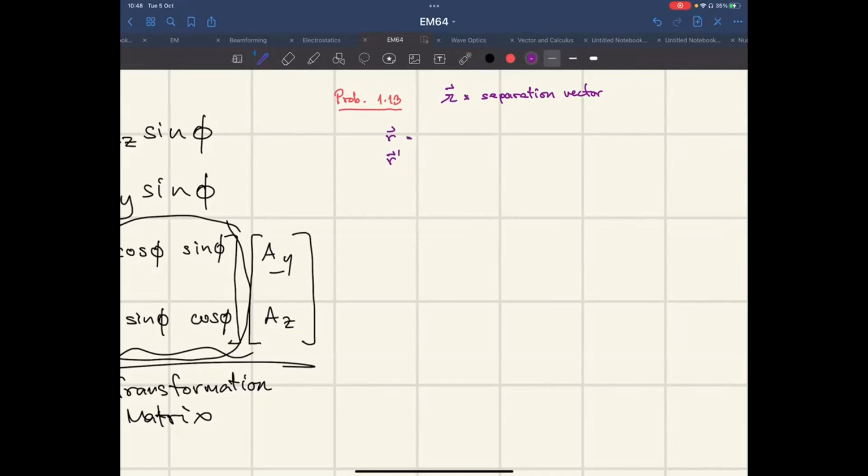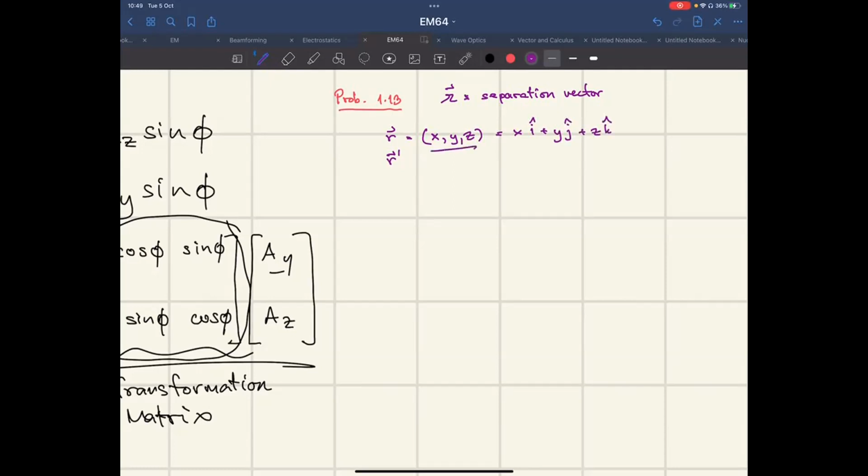The problem states that our R is X, Y, Z, or you can write it down in terms of unit vectors.